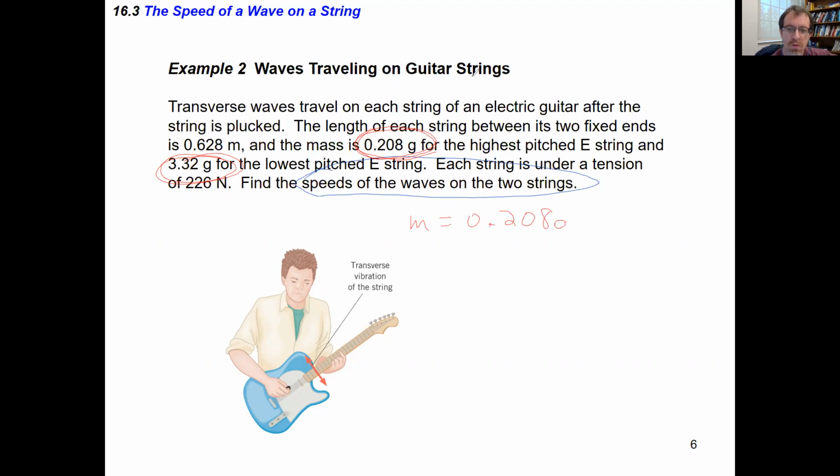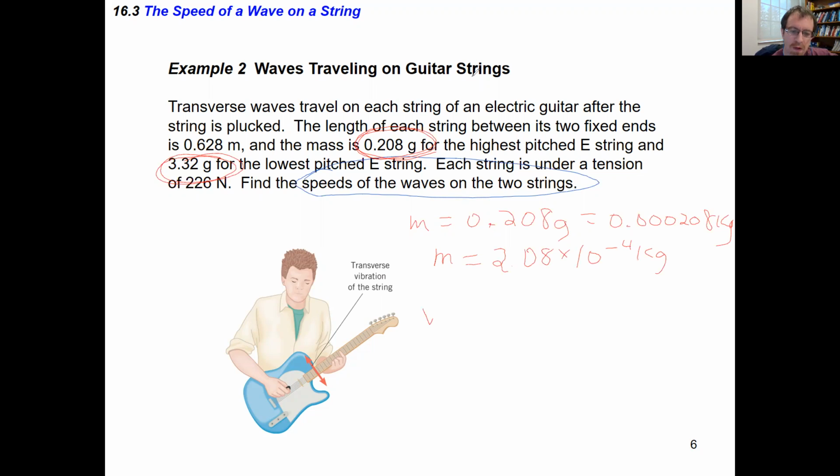If I'm going to convert the high E from grams to kilograms, I would divide by 1,000. That's a bit cumbersome, so let's write that in scientific notation. I get that the mass of that string is 2.08 times 10 to the negative 4 kilograms.